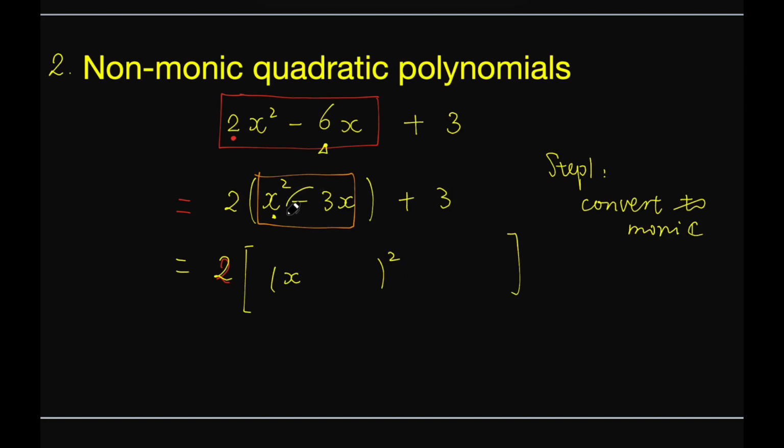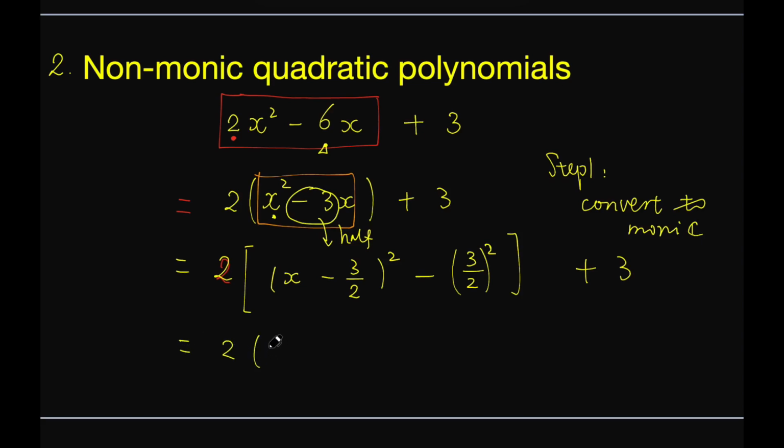And the coefficient of x, which is -3, will become a half, so we will have -3 over 2. Then we have to minus this constant squared. Then for this number 3, we put it outside.